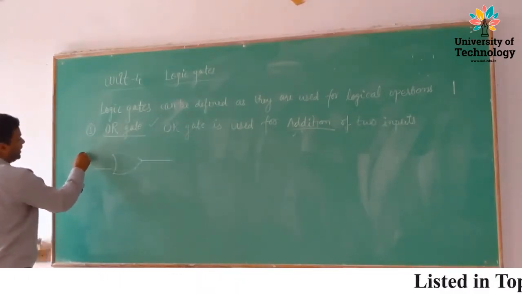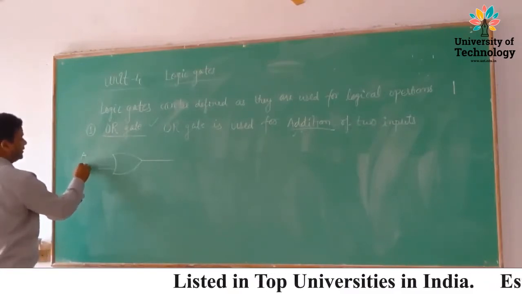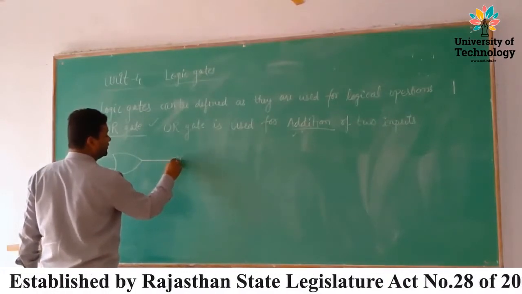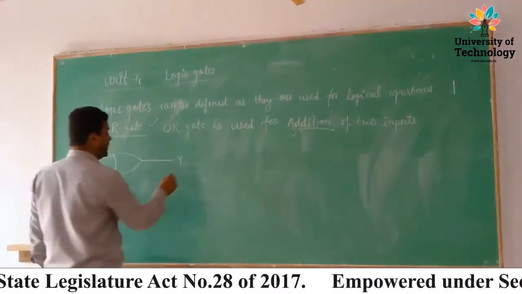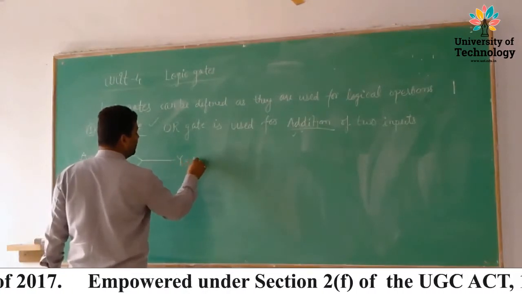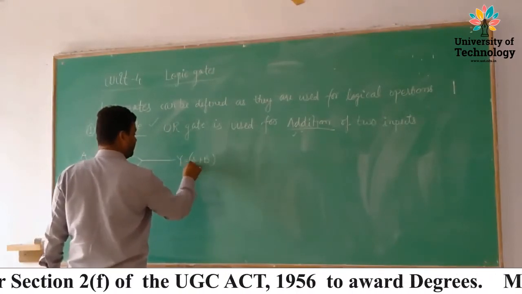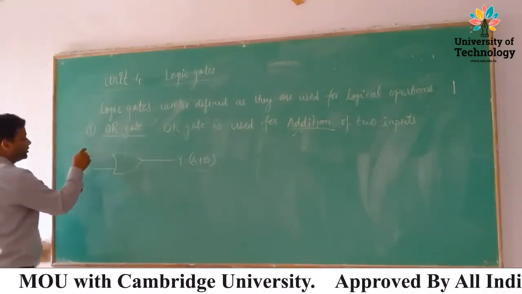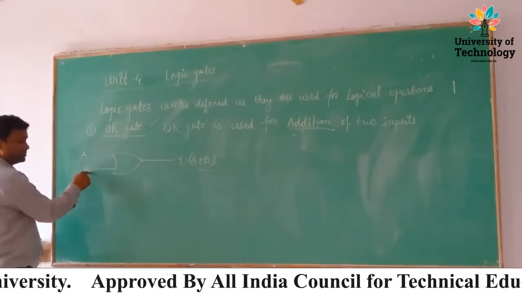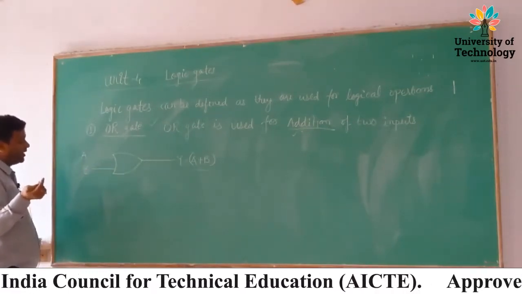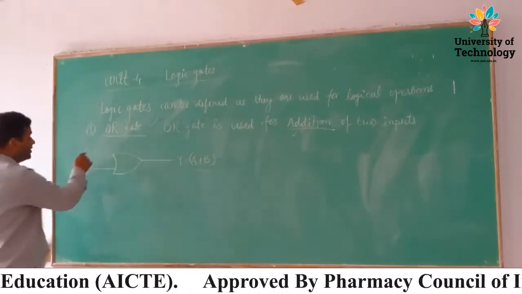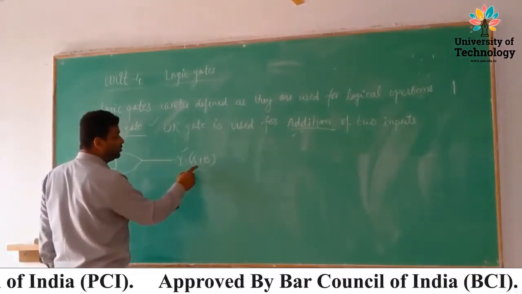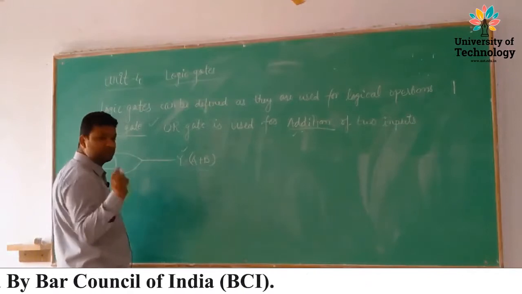Here there are two inputs, first A and second is B. Then we can get one output, that is y equal to A plus B. Simply we can say that at input we apply two inputs. We can apply more than two inputs also. If we apply two inputs A, B, then at output we can get y equal to A plus B, addition of both the inputs.